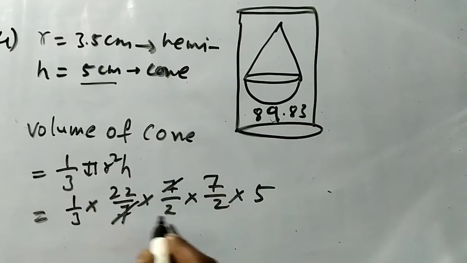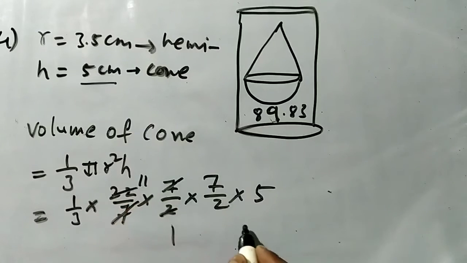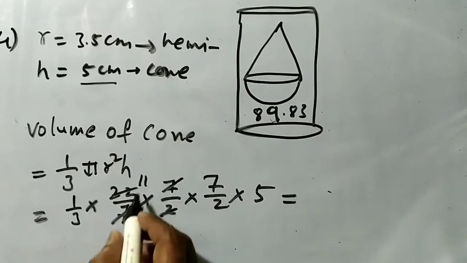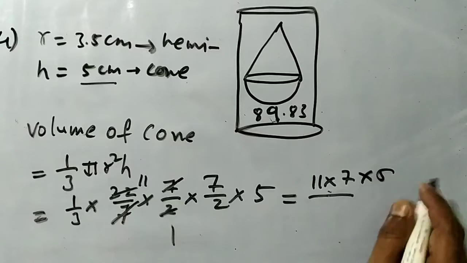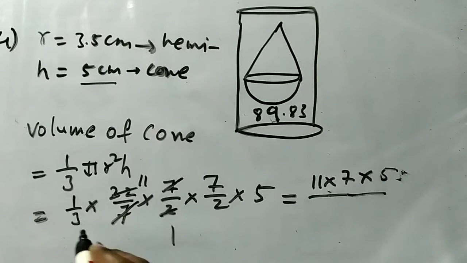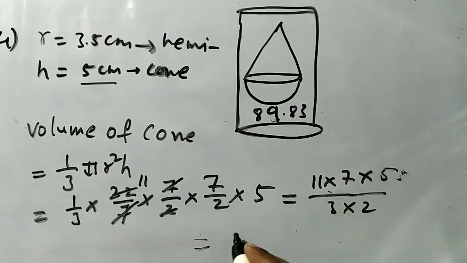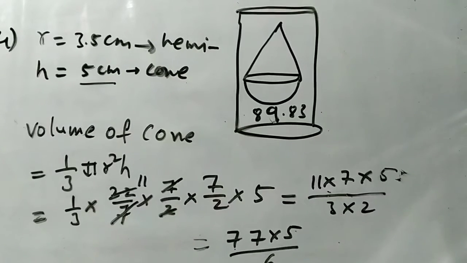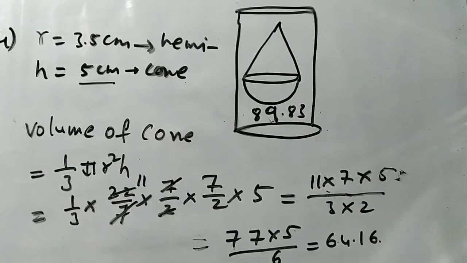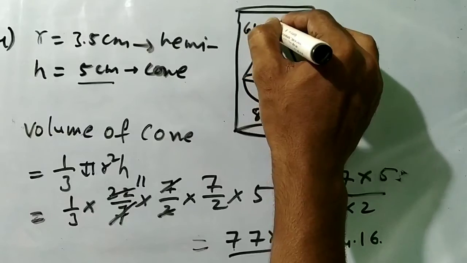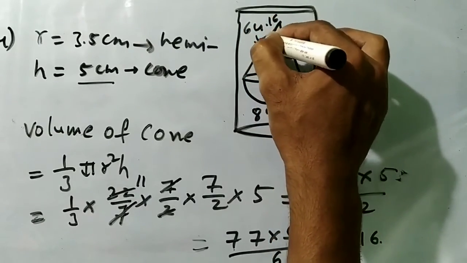Here 7 gets cancelled, and nothing else cancels. So we get 11 into 7 into 5 by 3 into 2, that is 77 into 5 by 6, which is 64.16. Let's write it here for easy understanding: 64.16 is the cone and 89.83 is the hemisphere.